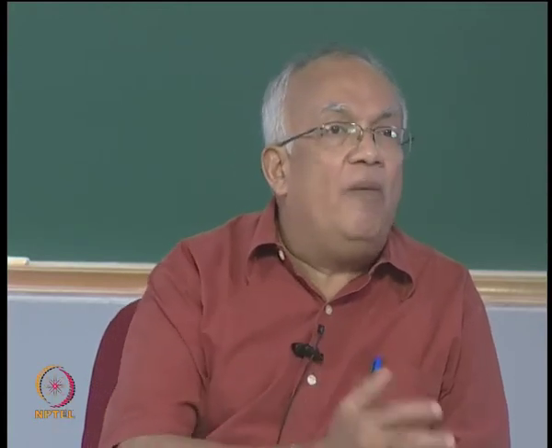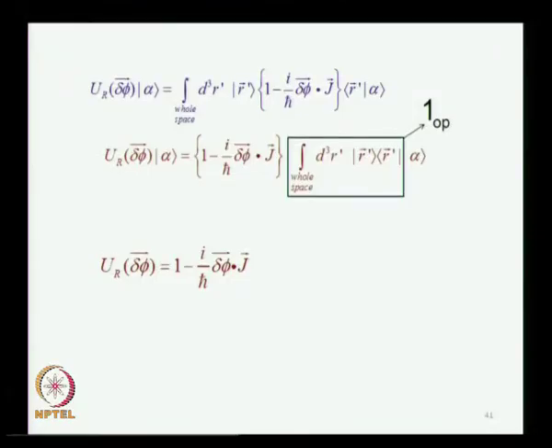So it essentially gives you the exact form of the rotation operator, because in the integral you see that you have got a unit operator, you can insert it, you can take it off. So essentially what you are looking at is the rotation operator operating on alpha. So this gives you an exact identity of the rotation operator.